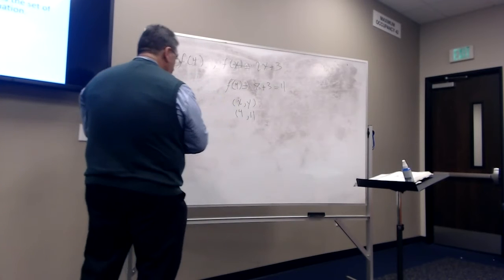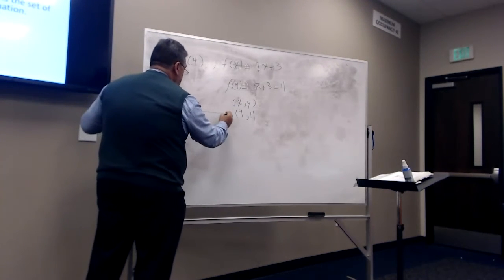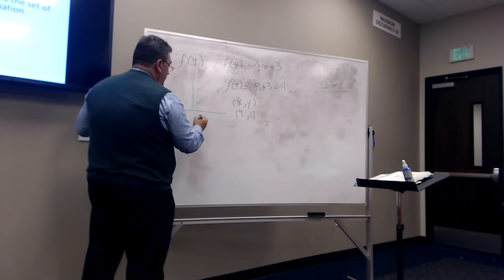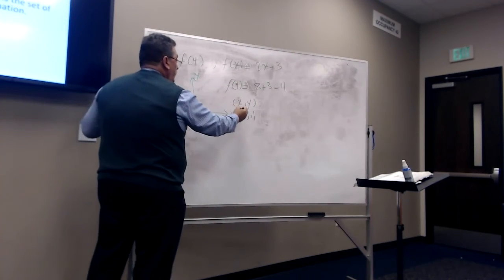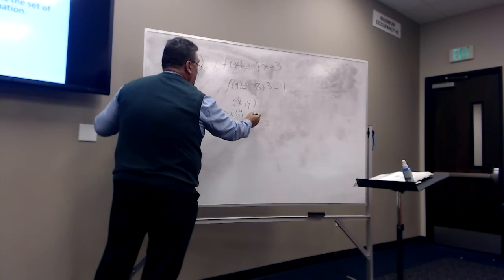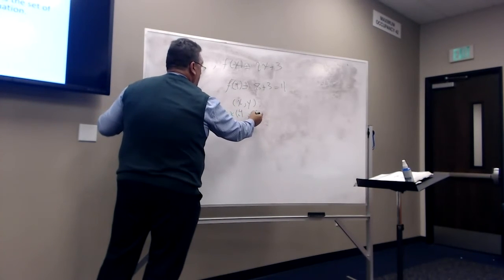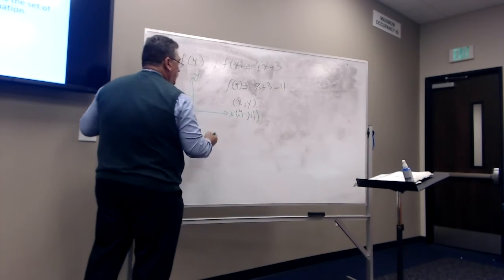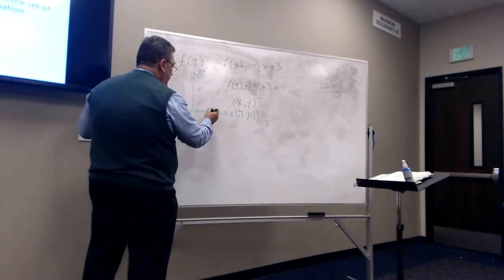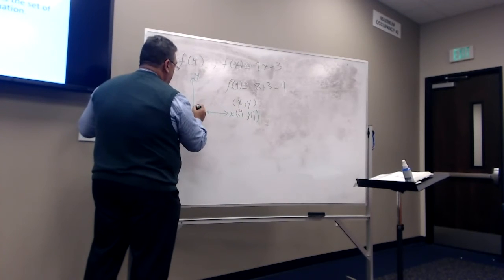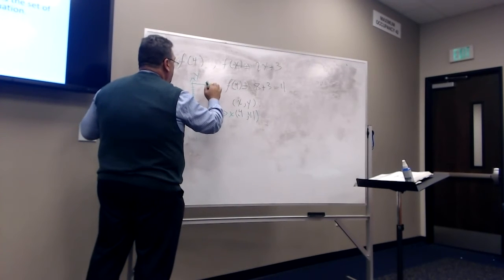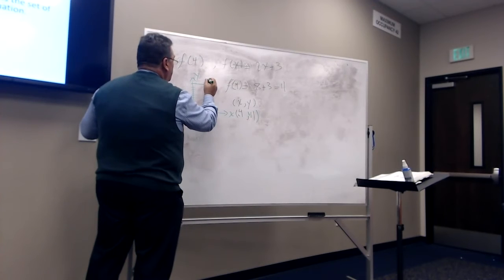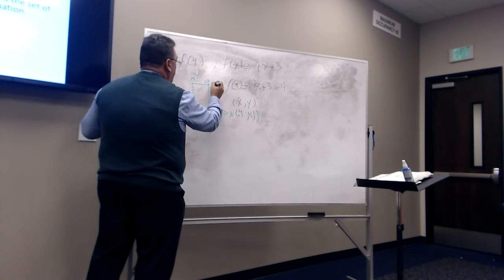If I draw that Cartesian system, this is the x-axis, this is the y-axis, and these are plus 4, 1, 2, 3, 4, plus 11, 1, 2, 3, 4, 5, 6, 7, 8, 9, 10. So the intersection of them is the point, plus 4 and plus 11.